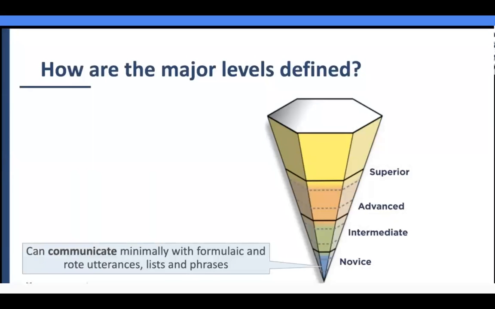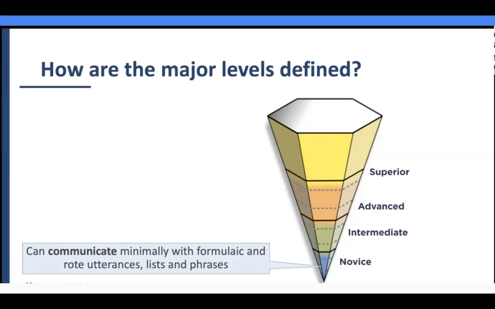Novice speakers can communicate minimally with formulaic, that means memorized phrases, memorized words. They usually can do lists of familiar topics and phrases, but they can only communicate minimally at that particular level.